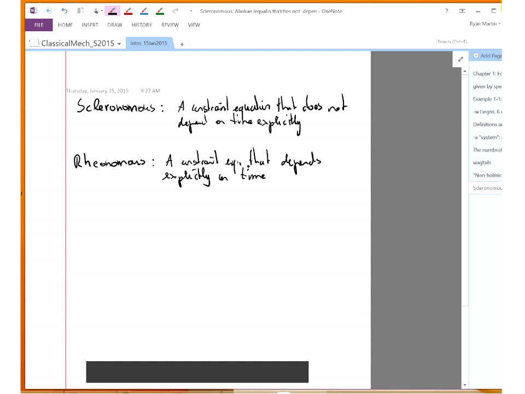Again, like with the example of two masses, the dumbbell connected by a bar, let's say that the bar changes length with time. The two masses are still constrained. You can still describe one by knowing where the other one is, but the constraint equation depends on time. And we'll see eventually that certain systems that are scleronomous or rheonomous or holonomic have desirable properties.